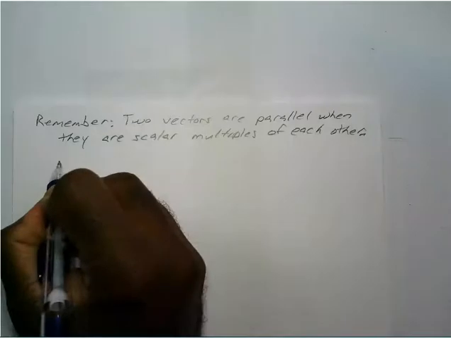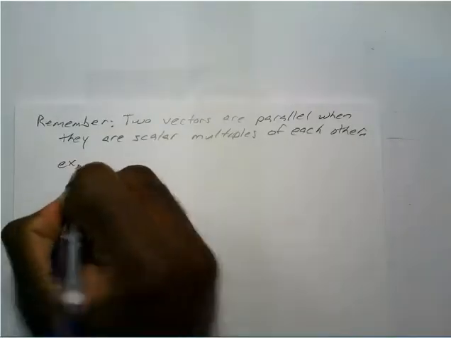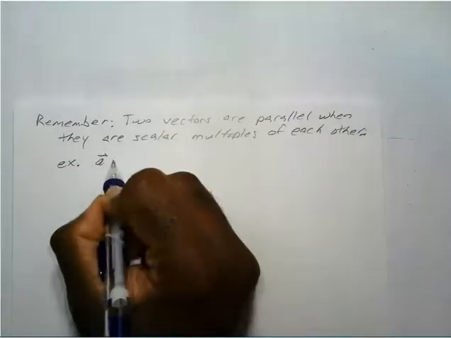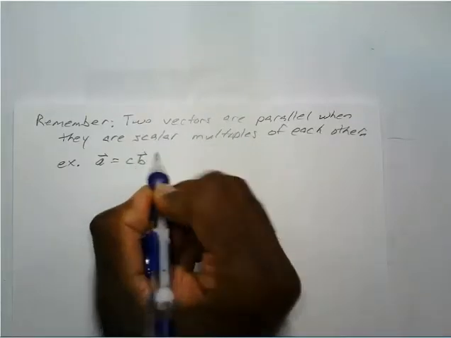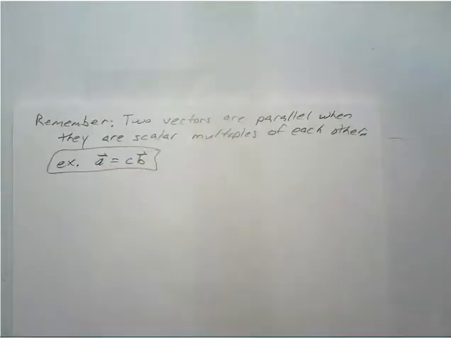Okay, so for example, you have some vector A equals some constant times the B vector. Okay, those two will be parallel.